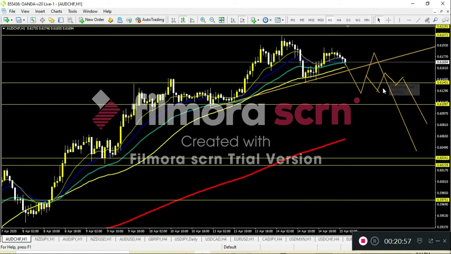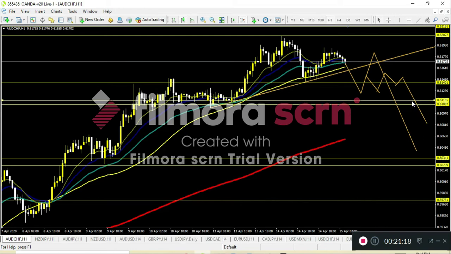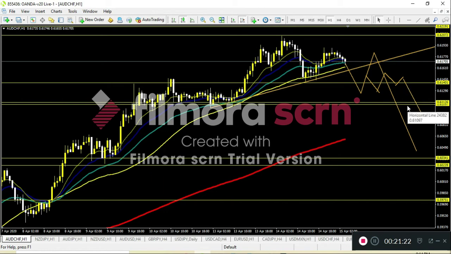Any variable possible, any type of formation can happen in between this line, which is a dividing line, the dividing pivot line. I'm going to put another two lines here. These two lines, this is the zone.